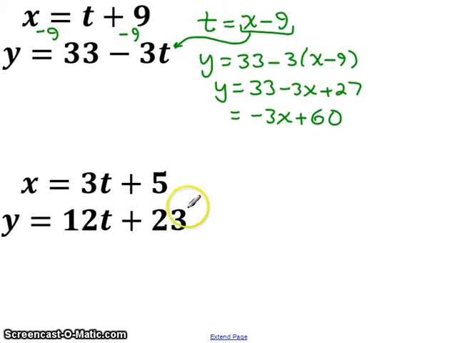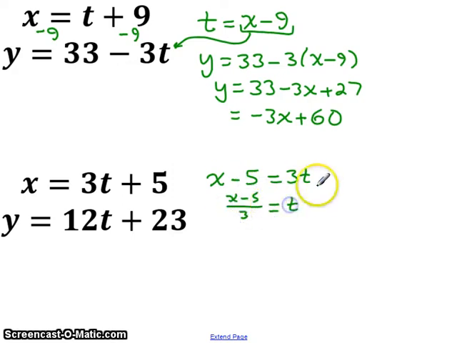Okay, another example. Both of these have numbers multiplying t, so I don't know that one is necessarily easier than the other. Again, the x equation has smaller numbers anyway, so we'll start with that one. We'll subtract 5 from both sides first, and then we'll go ahead and divide by 3 so that we get x minus 5 divided by 3 equals t.